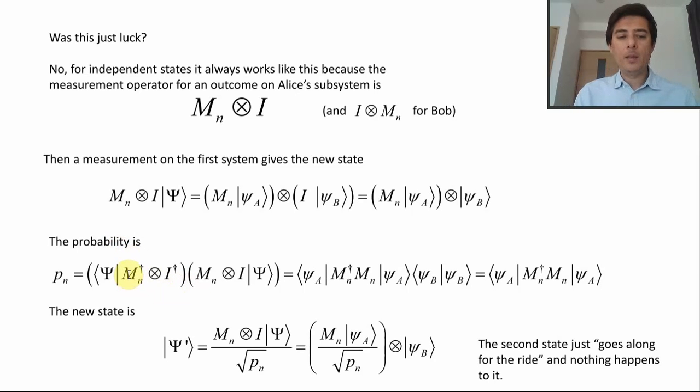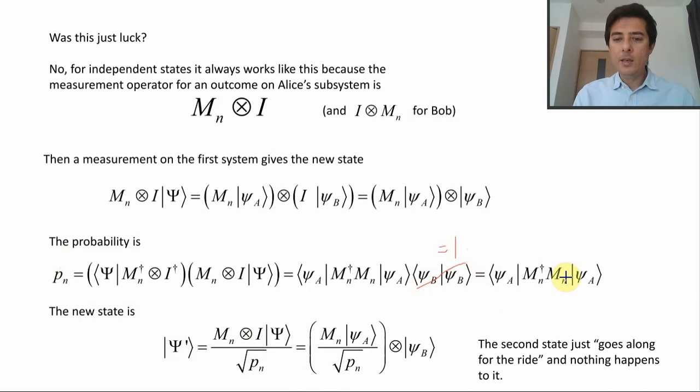Then if we do the same procedures we used to, we take this state, take the overlap with itself, and we always recover the same expression as before, where it's just the state on Alice that's involved, and the state on Bob basically disappears, because this part here is just equal to 1, since Bob's state is normalized. Right? For the new state, you just divide this by the square root of this probability, as we've done before.